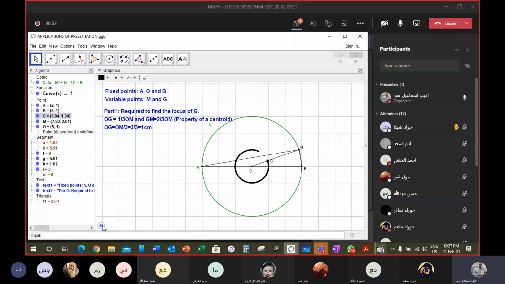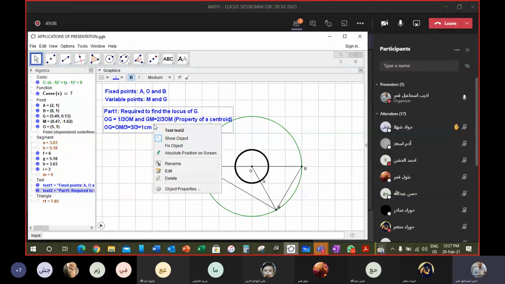Circle of center O and radius OG. واضحة قدامكم؟ ايوه يا استاذ. good تمام. هاي الطريقة باللوكس.